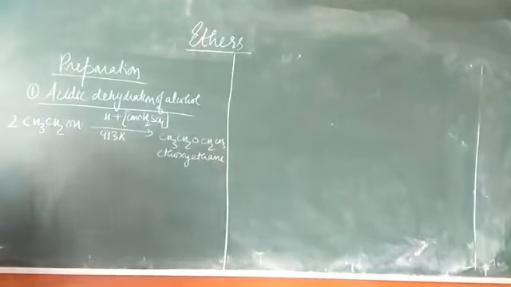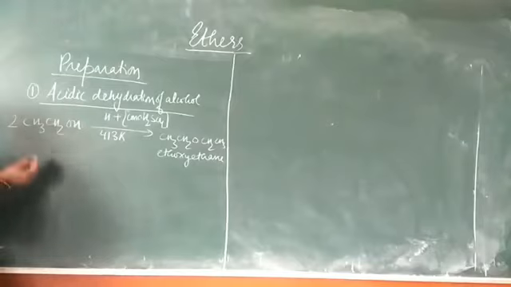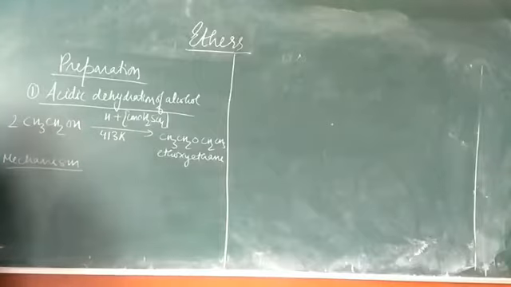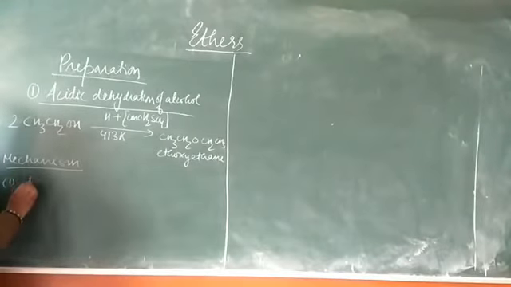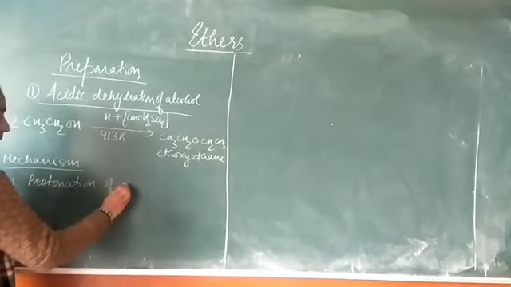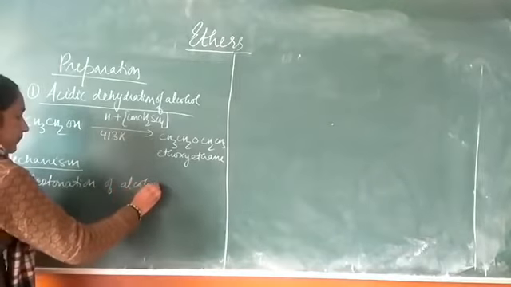So CH3CH2OH. Now what is the mechanism which will be followed here? Student, the first step is protonation of alcohol.